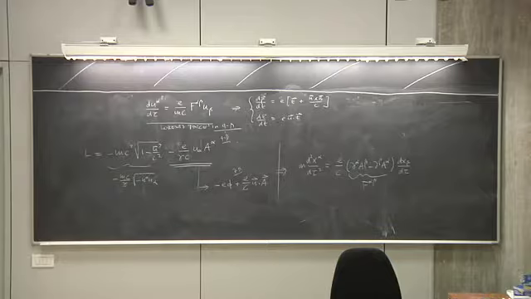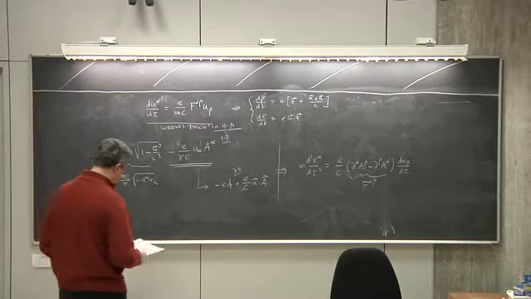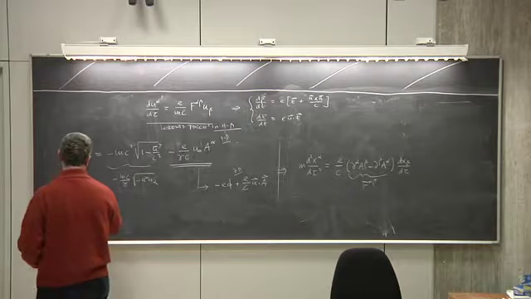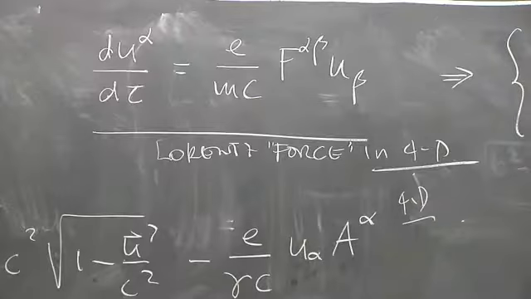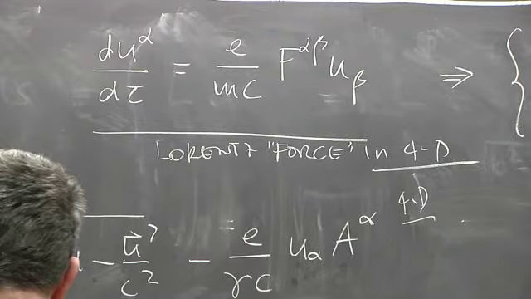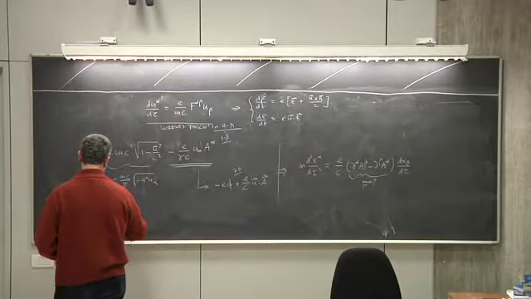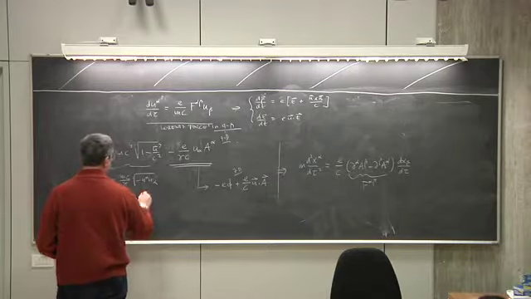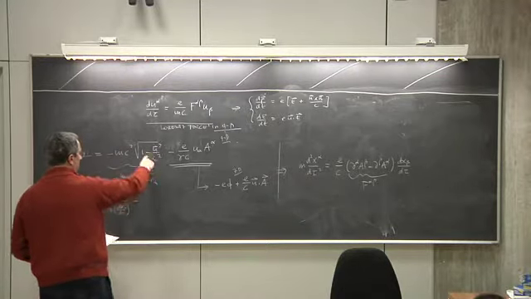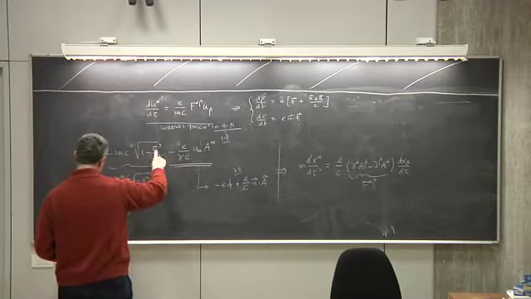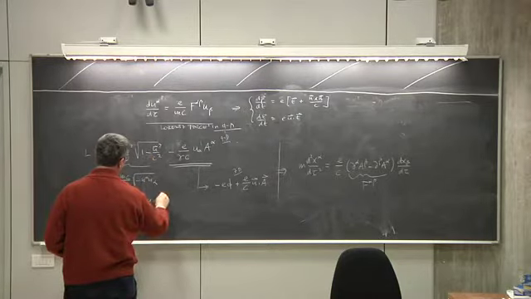Okay, and there is an interesting observation to be made here: if you write the conjugate momentum, so this is dL over dx alpha d tau, or ds. If you do that, you get the usual term, m u alpha.